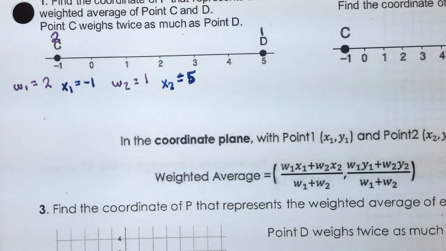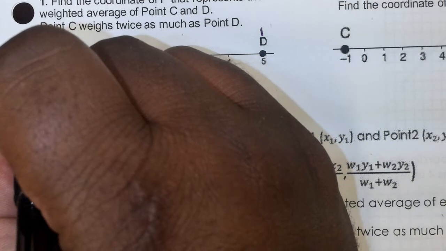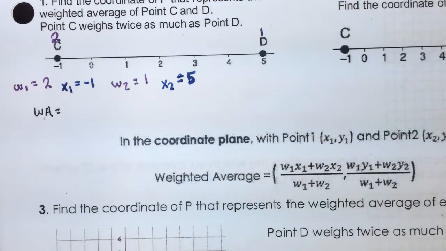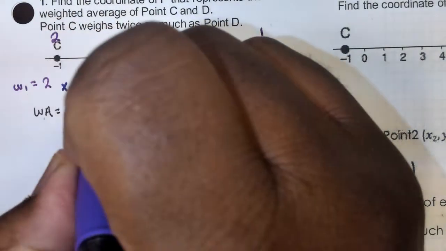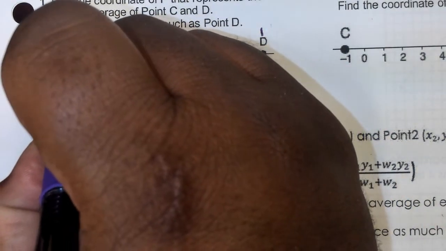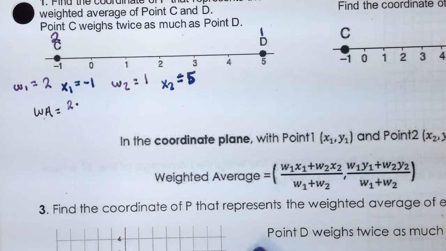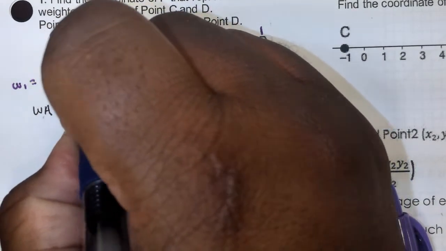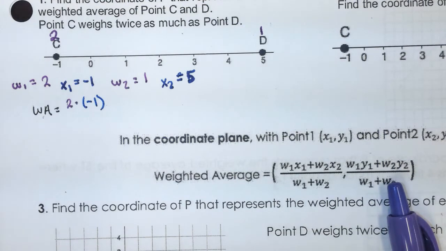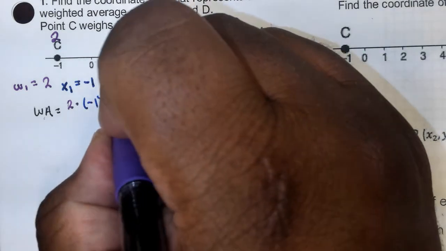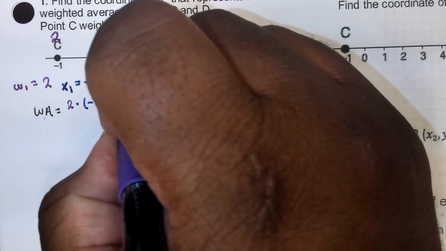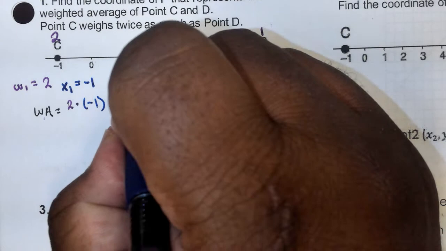Using those same numbers, I'm using the formula up top that we're looking at. So WA, my weighted average, I'm not writing that whole word out, equals, and then it's W1, my weight 1, 2 times my x1, which is negative 1, plus my weight 2, which is 1, times my x2, which is 5.